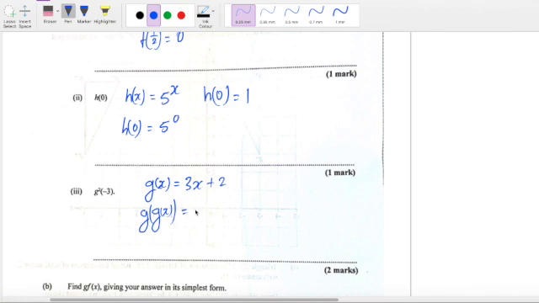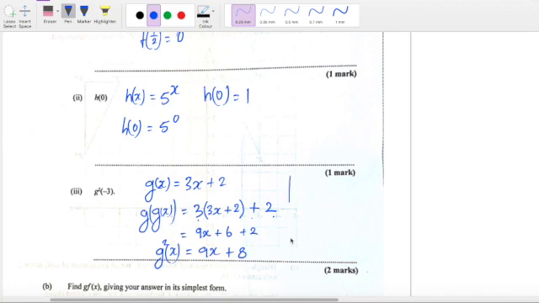It's really g of x inside of itself, yeah? So I will take g of x, and whenever I see x, I will put g of x inside of there, 3x plus 2, and then I have this plus 2 on the outside here. So this is 3x plus 2, and then this x is the same thing, 3x plus 2. It's like an inception kind of vibe, right? So we go in with 3 3s are 9x plus 3 2s are 6 plus 2. 6, 7, 8, so we ended up with 9x plus 8, and this is g2 of x.